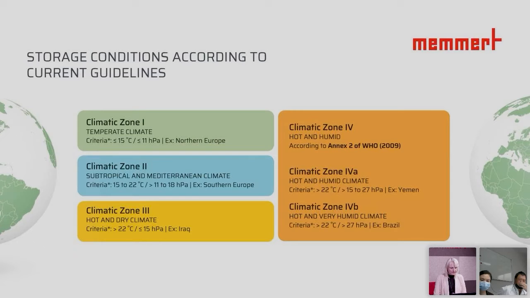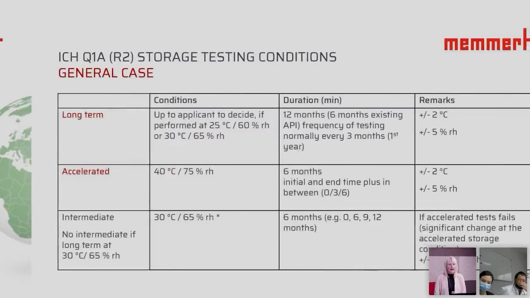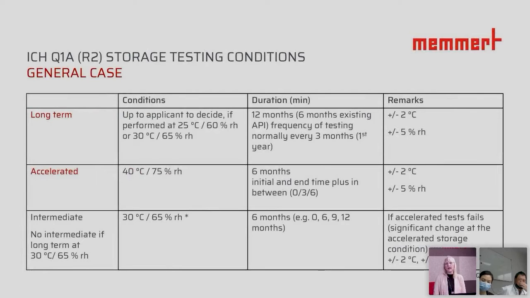So let's go on to ICH Q1A, because, as mentioned, ICH Q1A refers to climate zones 1 and 2. In this guideline, it is mentioned that long-term testing will be done at 25 degrees, 60% RH, or 30 degrees and 65% RH.